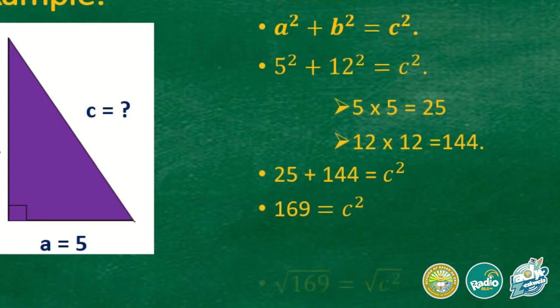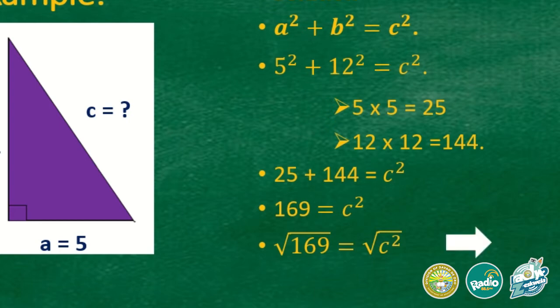The square root of 169 is 13, and the exponent of c will be eliminated. Therefore, the value of c is 13.